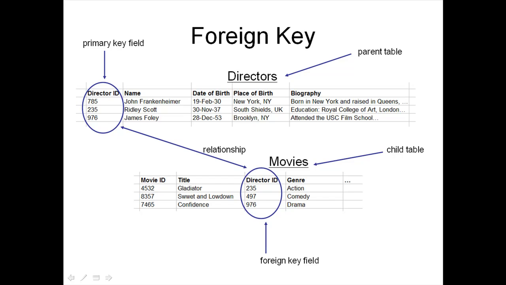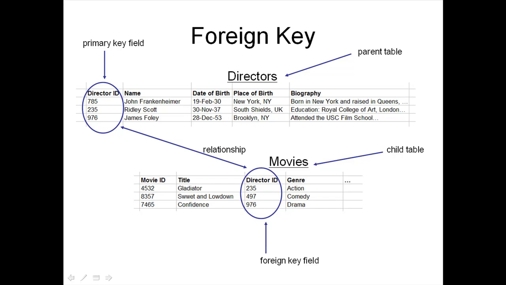And the director ID field in the movies table is a foreign key field. Because it's a non-primary key field in the movies table, it's not the primary key of the movies table, and it links the movies table to the directors table through the primary key field of the directors table, which also is named director ID.